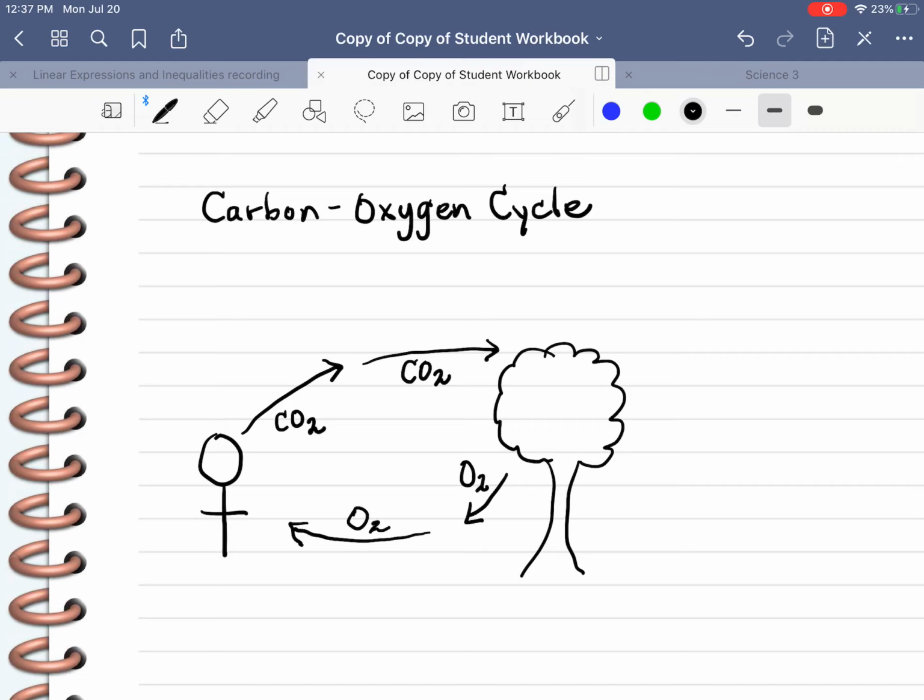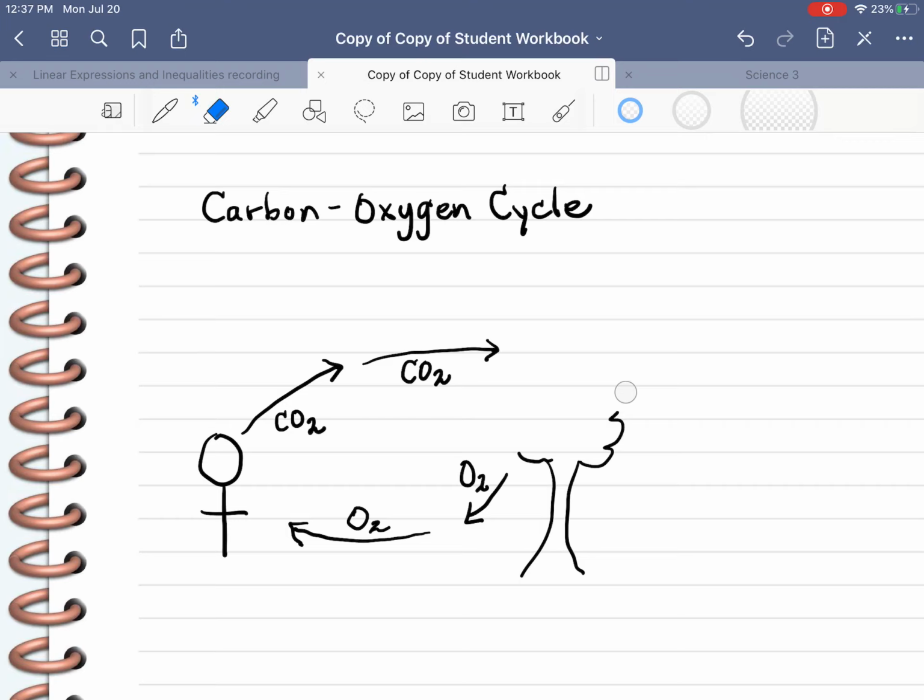So you see how this exchange of gases is taking place around us all the time between plants and people. Carbon dioxide is being breathed out. Plants are giving off oxygen as a byproduct of photosynthesis, and this cycle continues. This is why we don't want to cut trees, because look at what happens when we do.